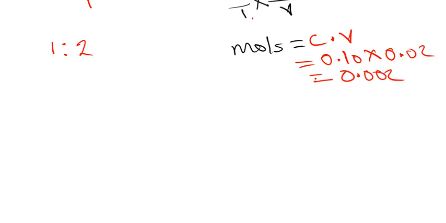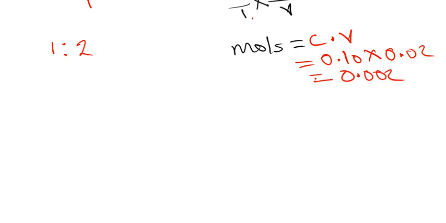But the chemical equation is just giving us the expected molar ratio. The exact moles, according to the data we've been given, is that we have 0.002 moles of hydrochloric acid.